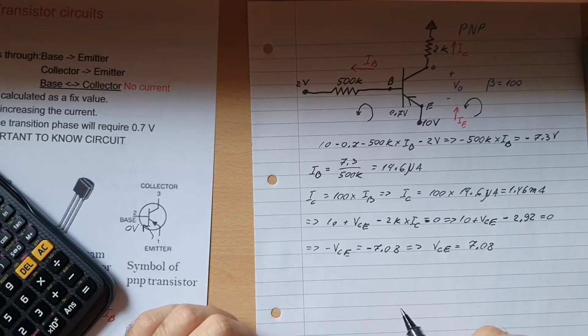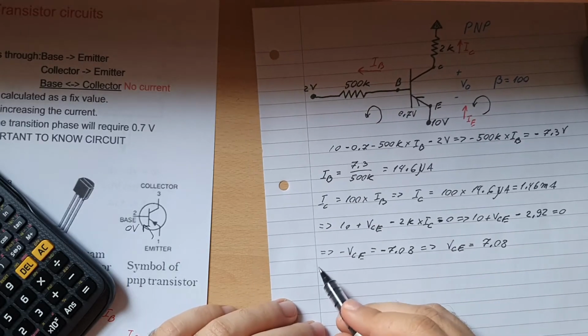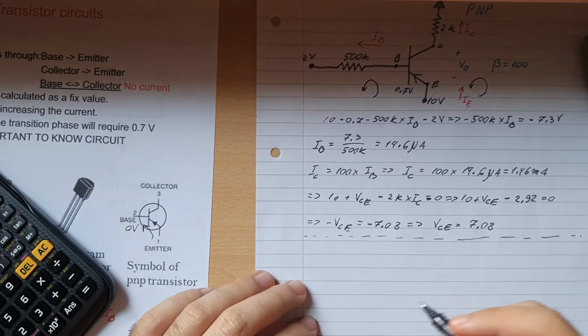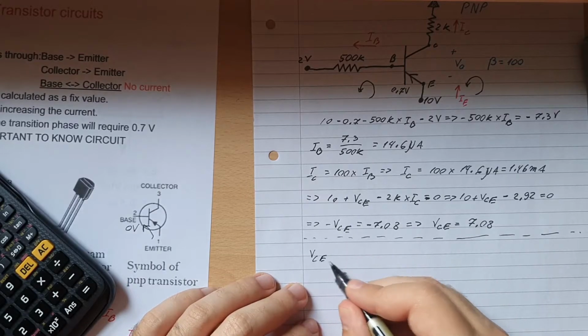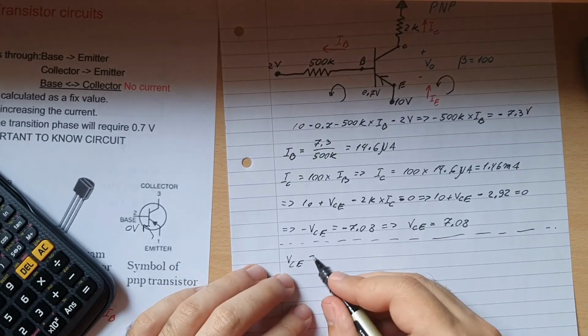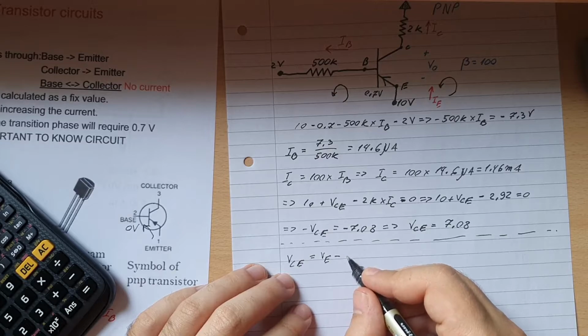And this is one way of calculating, but there's also another way. We know that VCE is made of two voltages, the voltage VC and the voltage VE, so we can also write it as VE minus VC.